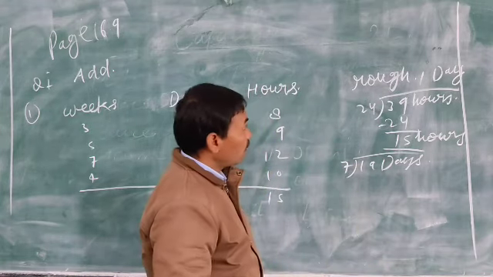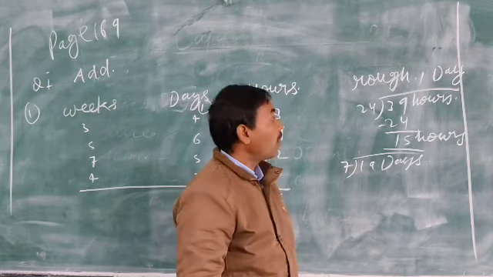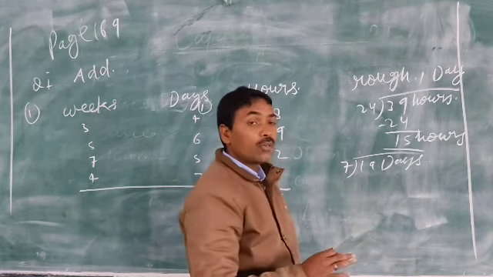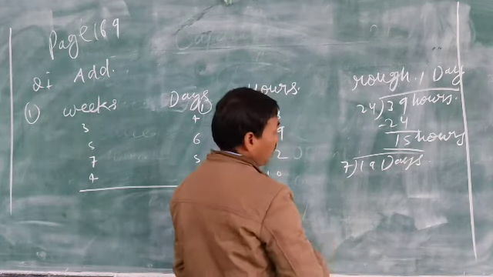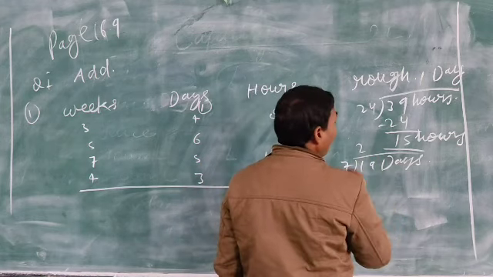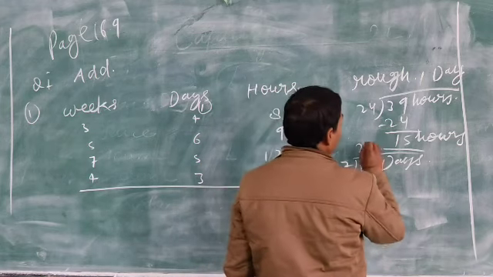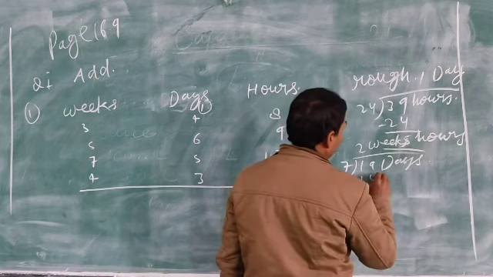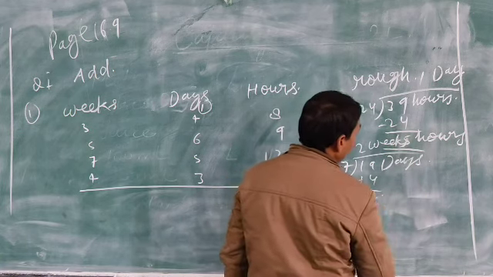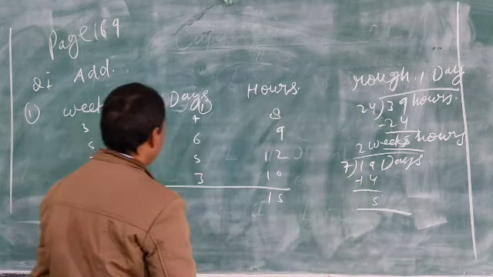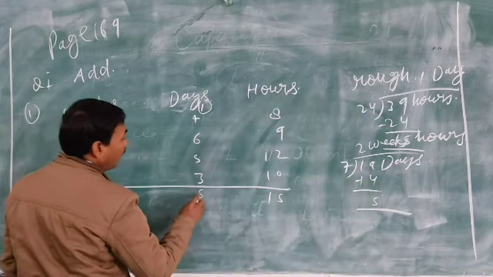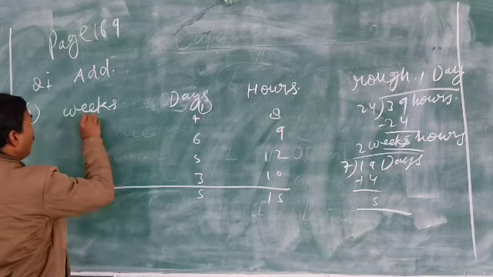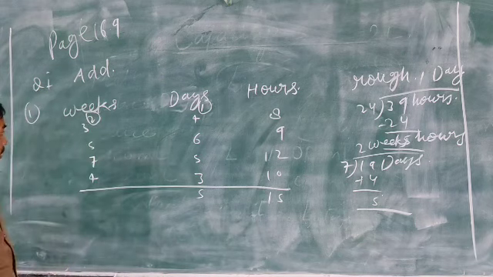I have explained how to convert the smaller unit into the higher unit, by division. So 7 twos are 14. So 2 weeks and 5 days. So 5 days we will write here, and 2 weeks we will add in this column.